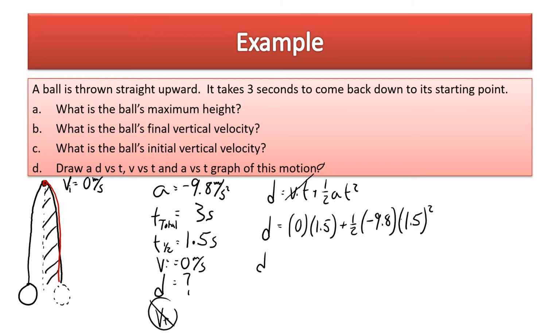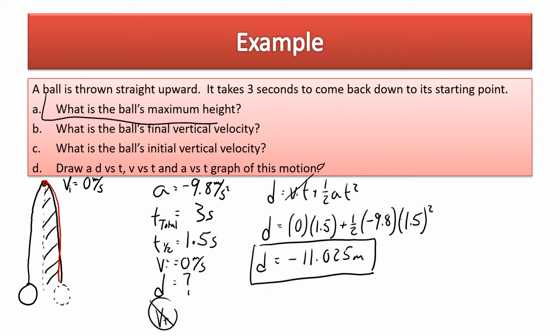And you get a displacement of negative 11.025 meters. The math pops out a negative number. But the question says, what is the maximum height? And I've never said, oh, the height of that thing is negative 11 meters. See, the math is just doing what the math does, and you're telling it that it's starting here and accelerating downward.